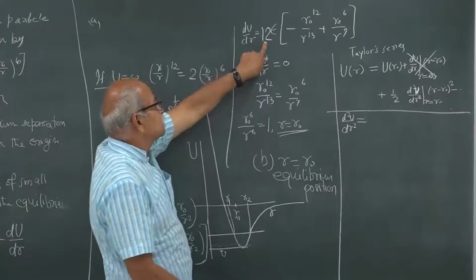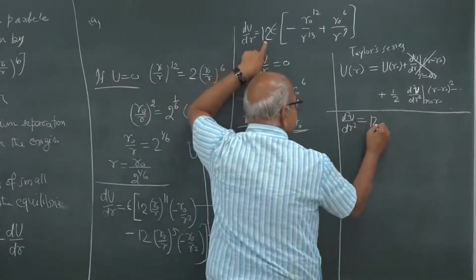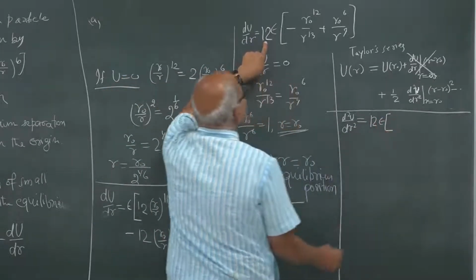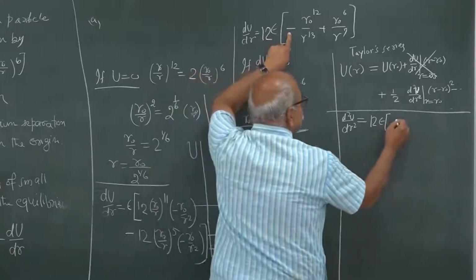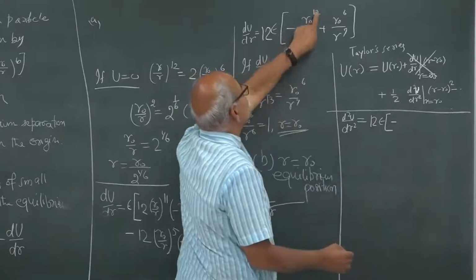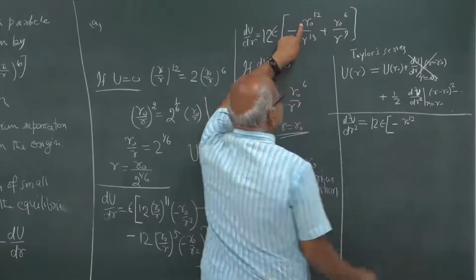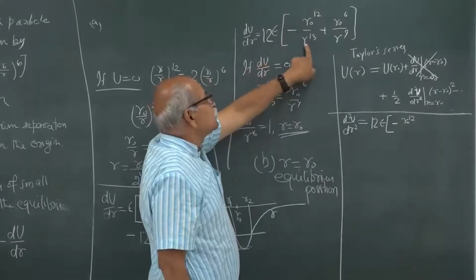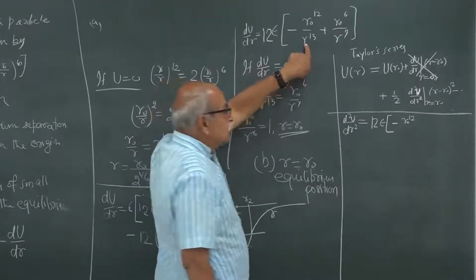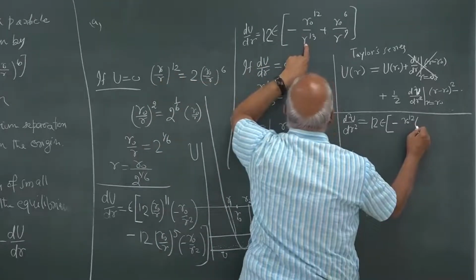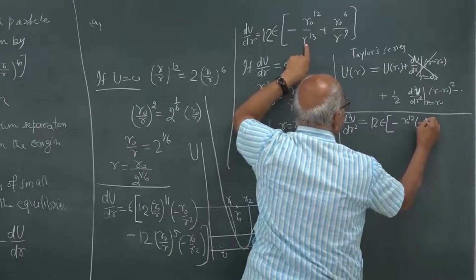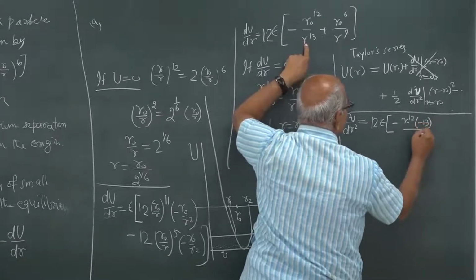equal to 12 epsilon, minus r naught to the power 12, and then you have to differentiate r to the power minus 13. So, minus 13 here and then r to the power minus 14.